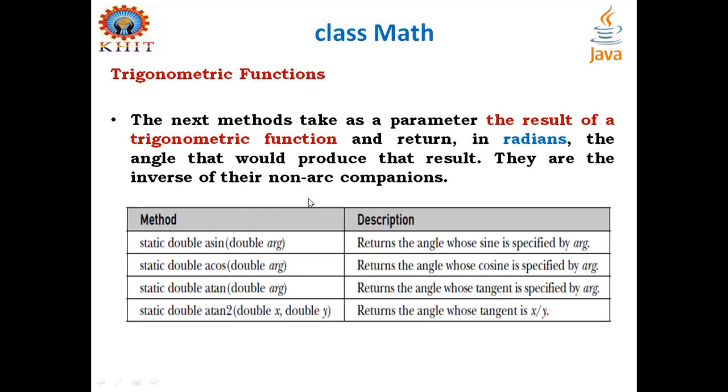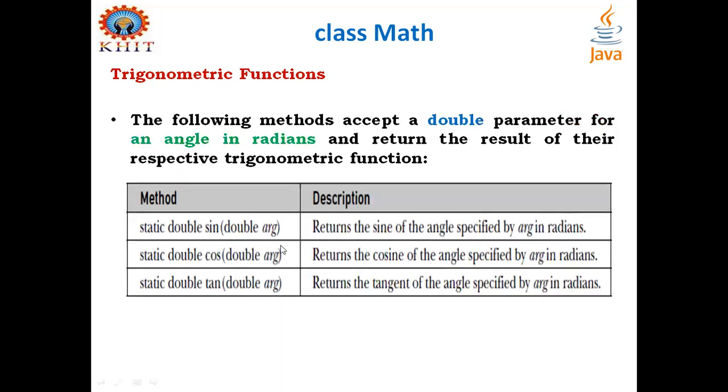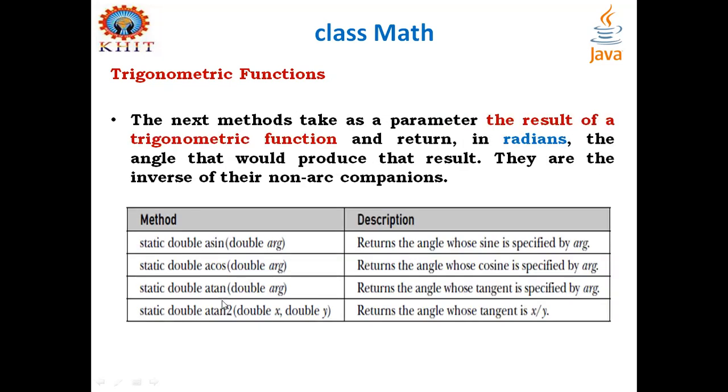They are the inverses of their companions from the previous set. It takes one parameter and returns the angle in radians with respect to the sine, cos or tan function, and these are the inverses of those functions, right?